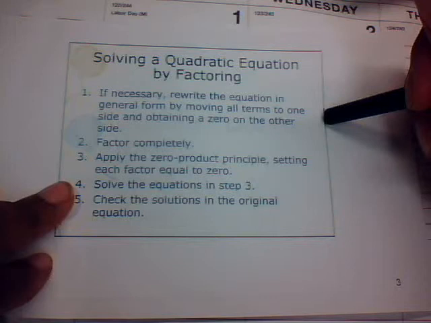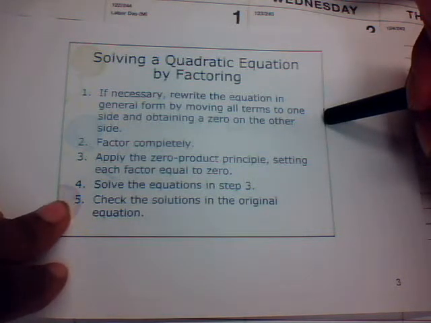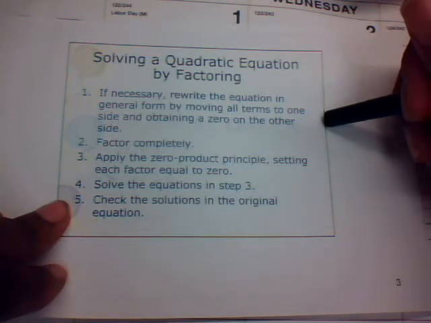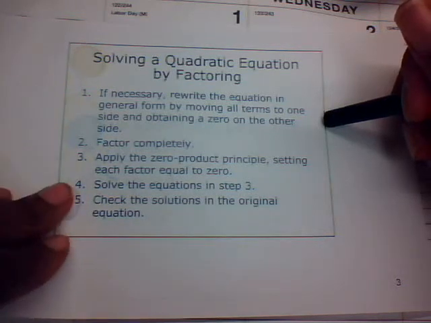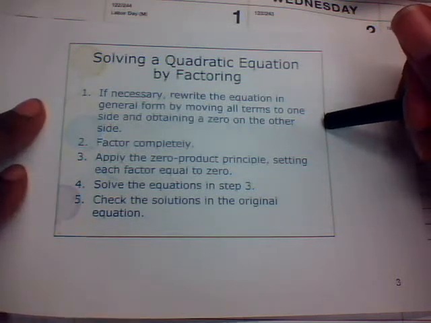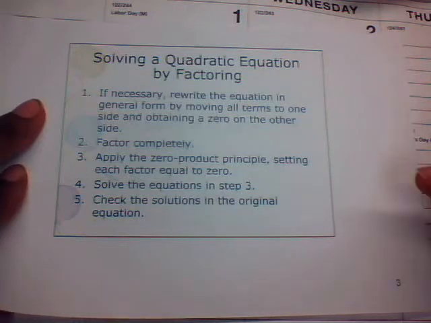And then 4th, you'll solve the equations in step number 3. And then number 5, check the solutions in the original equation. So this is the procedure that you'll use to solve a quadratic equation using the method of factoring.